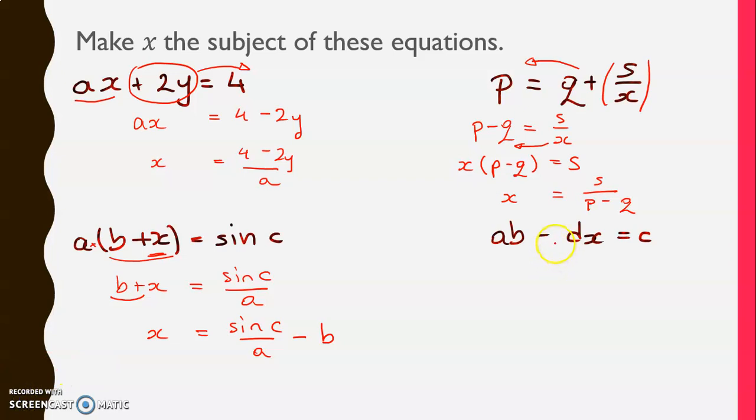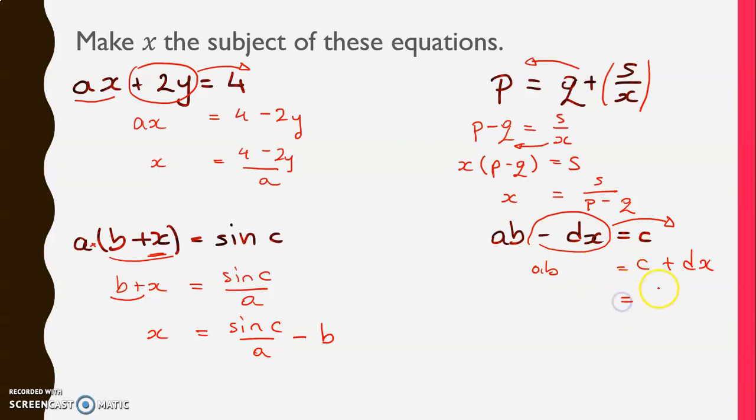In this last example we want again x to be the subject. As we can see, we have one of those cases where we have something minus dx, and you know I always like to have this positive, so I'm going to move it to the other side. So ab equals c plus dx. This is very similar to an example we did earlier.